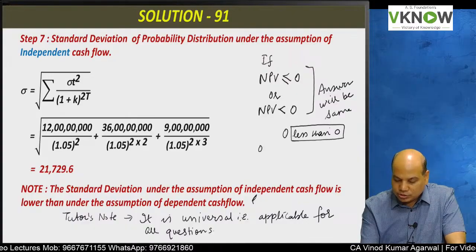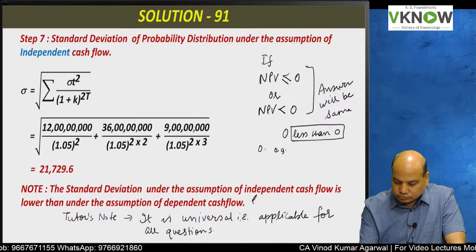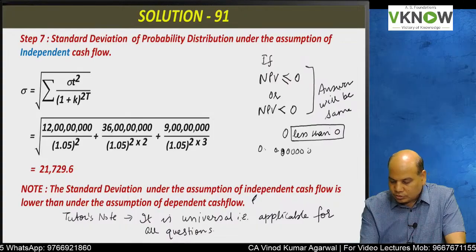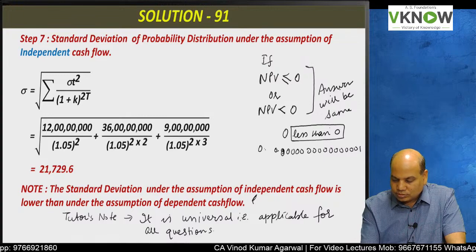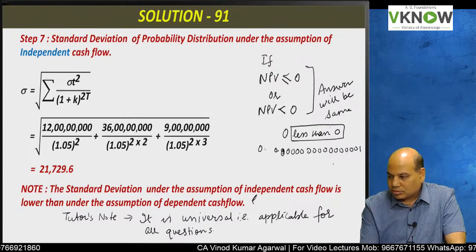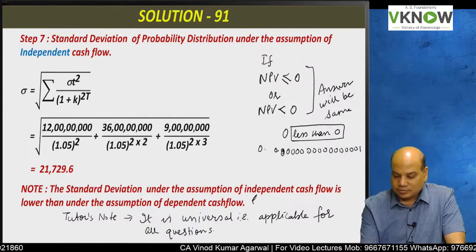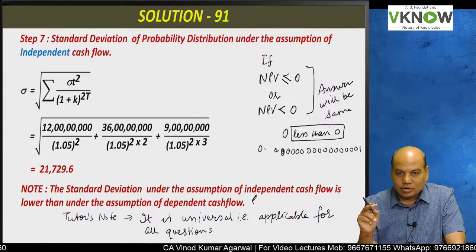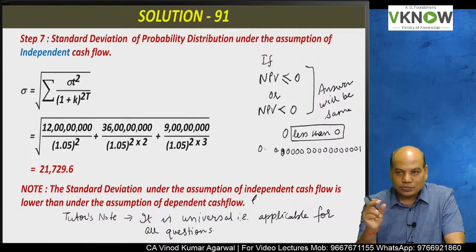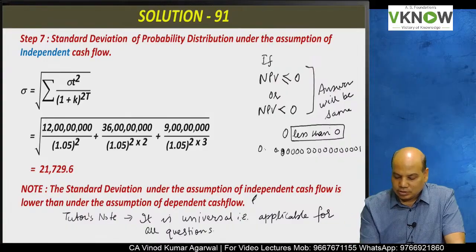I will show you. Suppose this is 0, the next number can be 0.000000000000000001, because next number can be anything. Normal distribution deals with continuous variable.